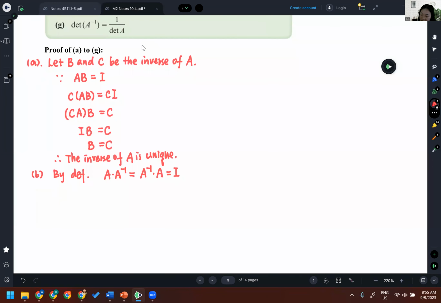Because of that, if we're looking at this as our matrix, we will know that A is the inverse of A inverse, because A times A inverse equals I. Therefore, A inverse inverse equals A.